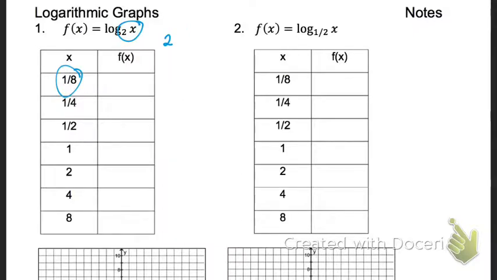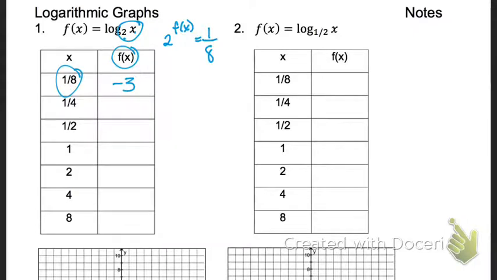It would be like saying 2 to what value? Whatever f of x is going to be, gets me to 1/8. So basically, in your mind, you have to think, what power do I need to raise 2 to get to 1/8? Negative 3.